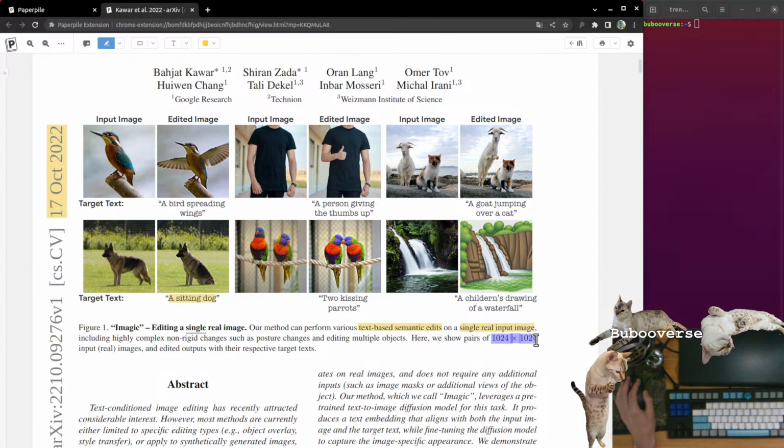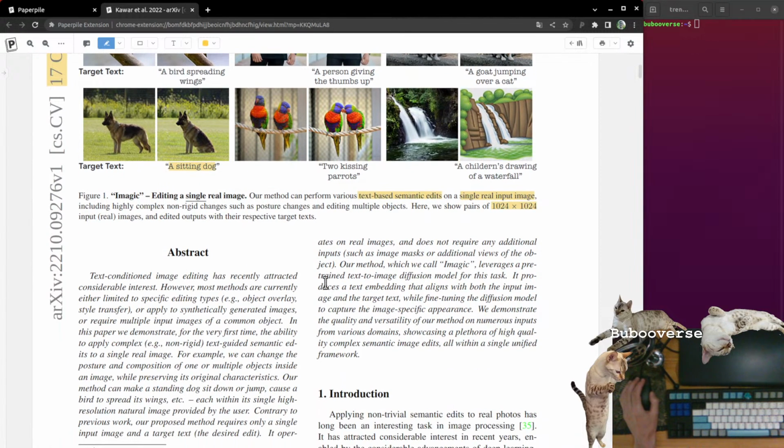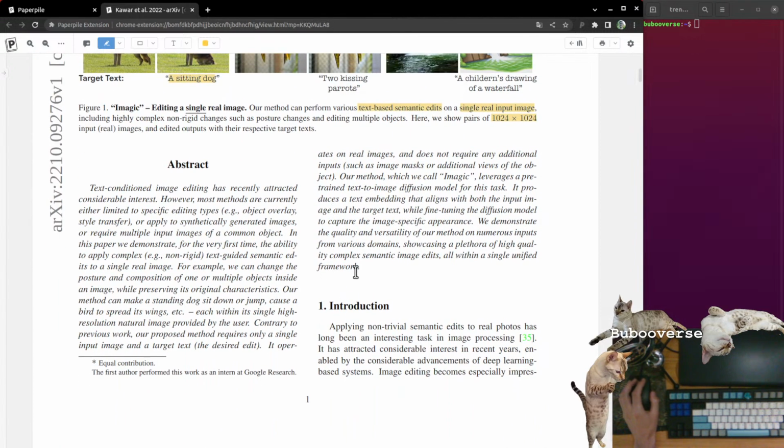Pairs of 1024 by 1024 images, so actually that's pretty high resolution, and it just goes to show the progress in the image generation field. Text conditioned image editing. Most methods are currently limited to specific edit types or apply to synthetically generated images. The ability to apply complex text-guided semantic editing to a real image.